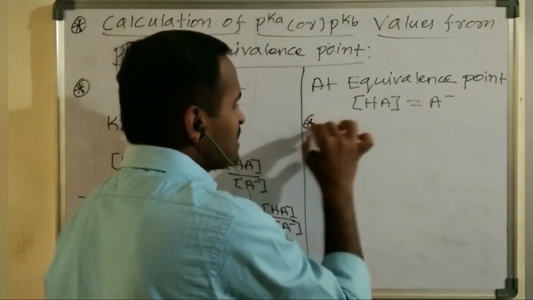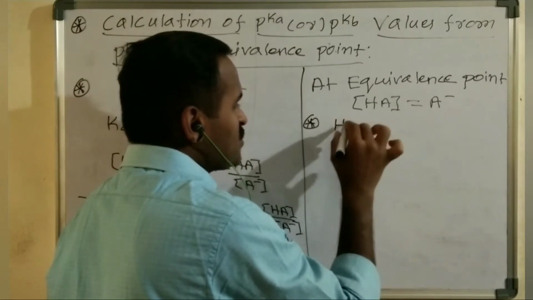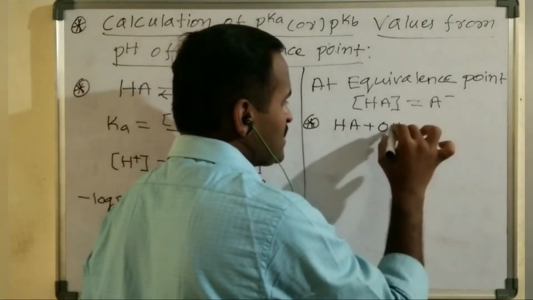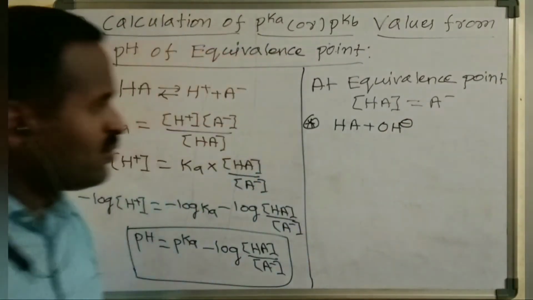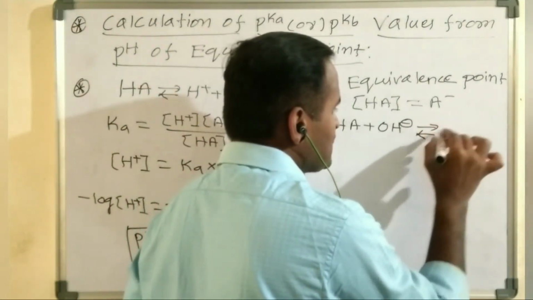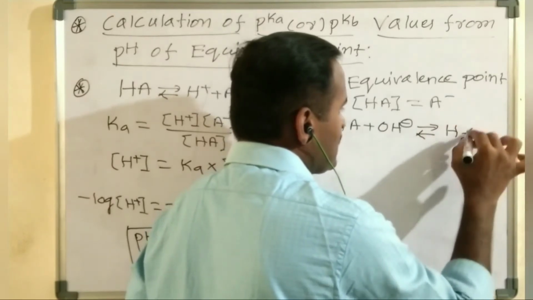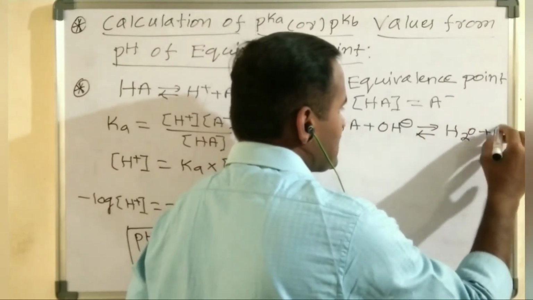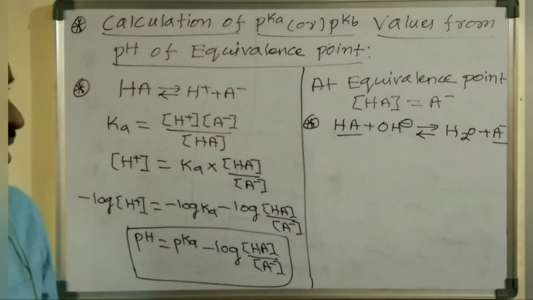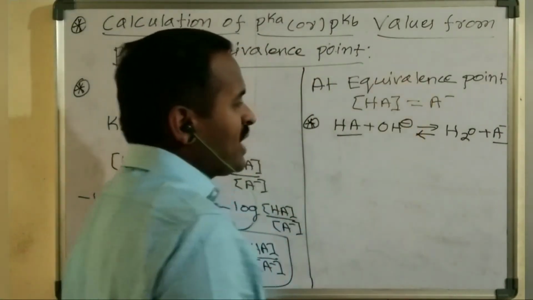The reaction is that HA is reacted with OH minus ions from the base as it is titrated, and it forms water as well as A minus ions. The A minus ion concentration and HA concentration will be equal at the equivalence point.